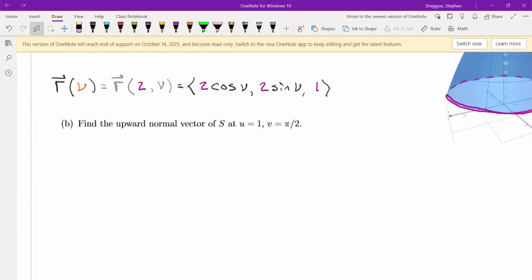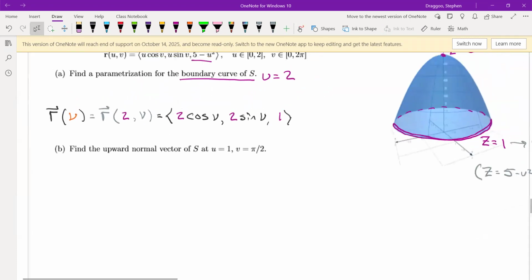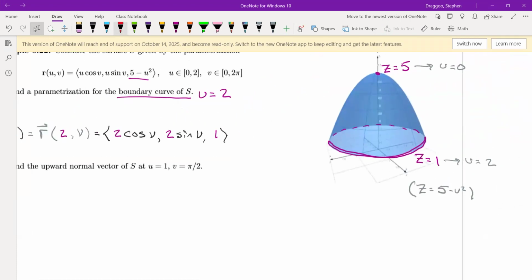Again, I'm only expecting to see a single parameter in a curve, since it's just a one-dimensional object. So up next, we want to find an upward normal vector of our surface at some specific parameter values. If I say that point is about here, I'm looking for that normal vector right here.